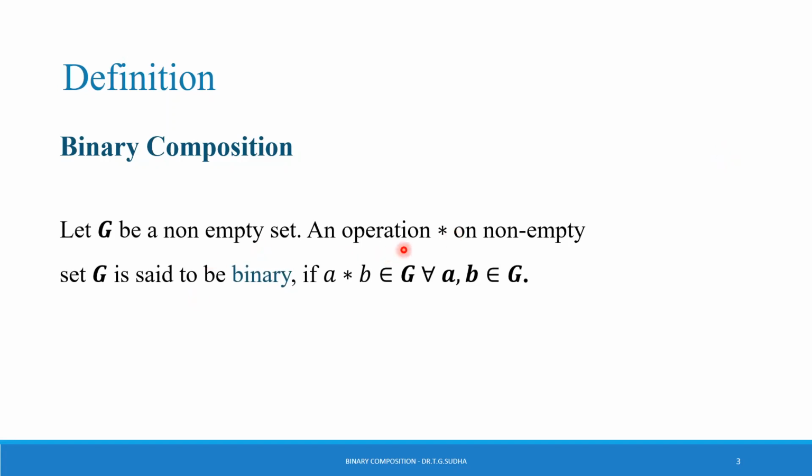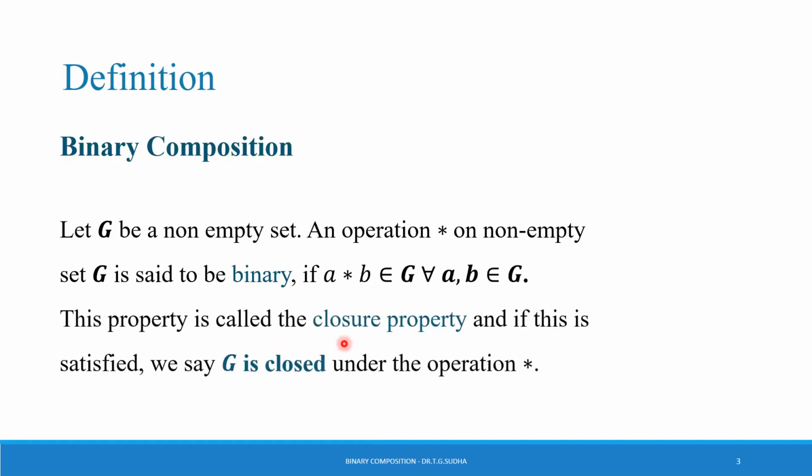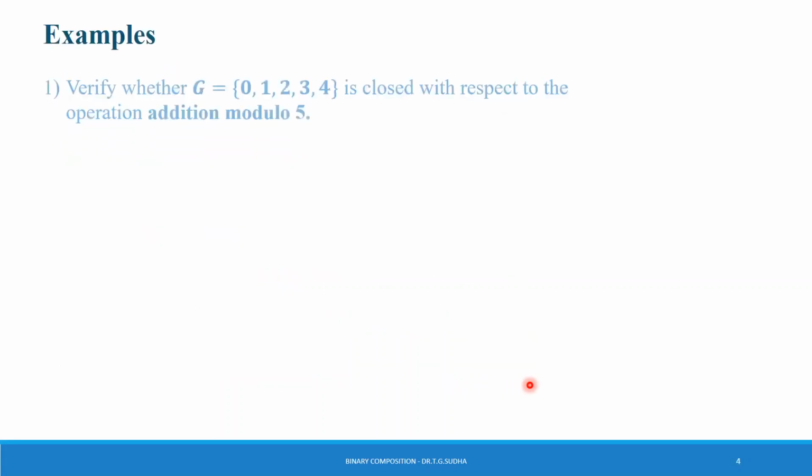An operation star on non-empty set G is said to be binary if A star B belongs to G for all A, B belongs to G. This property is called the closure property, and if this is satisfied, we say the set G is closed under the operation star. So let us go to the examples.